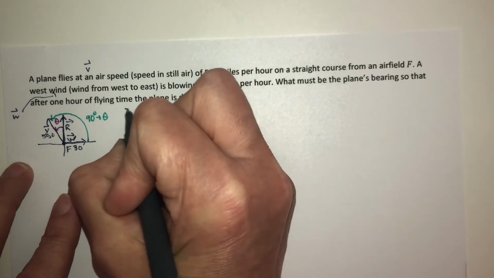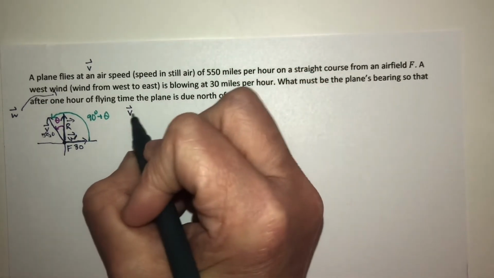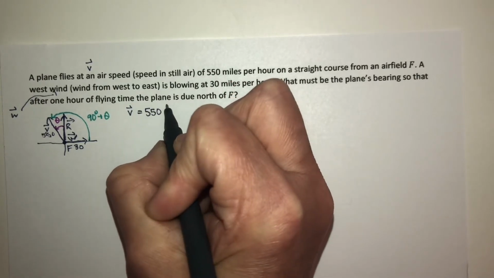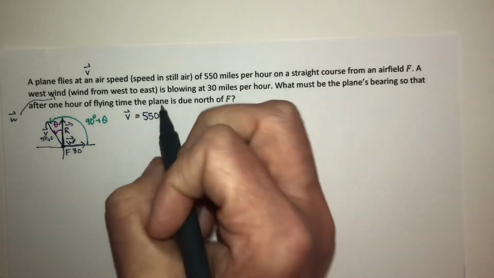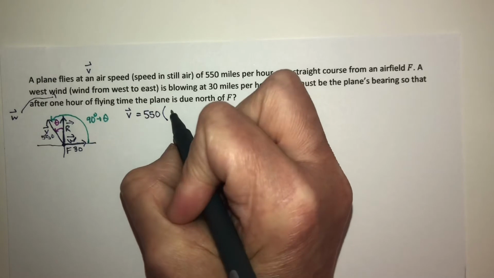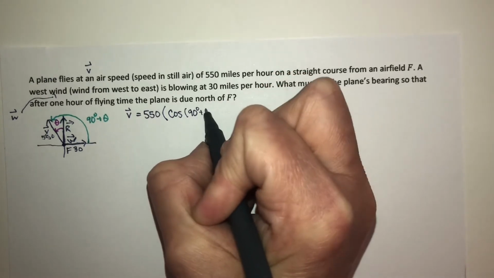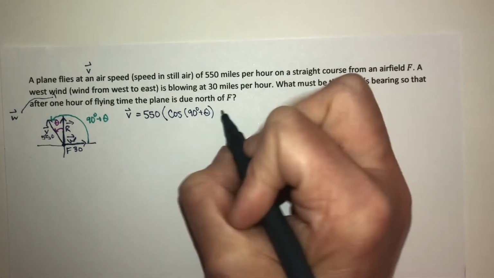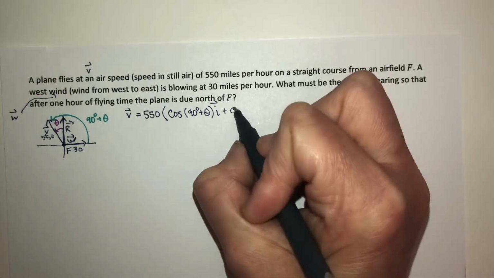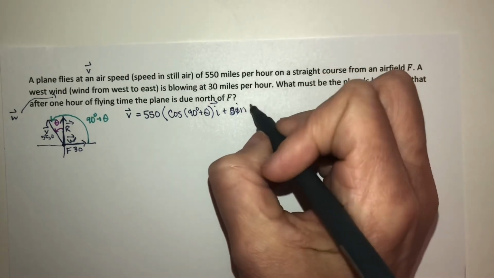So my vector v is equal to the magnitude, 550, times cosine of this angle, which is 90 plus theta, i, plus sine of that same angle, j.